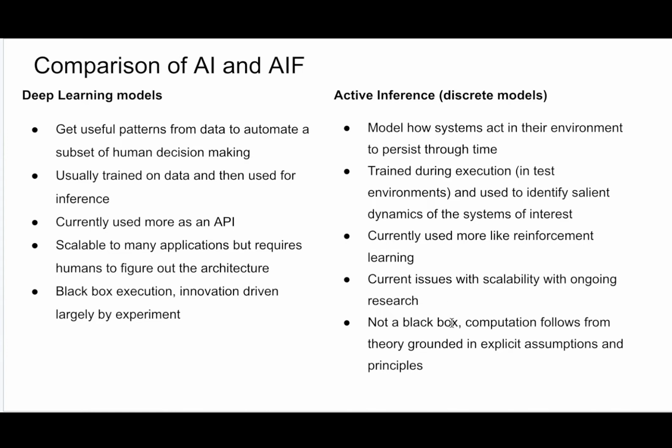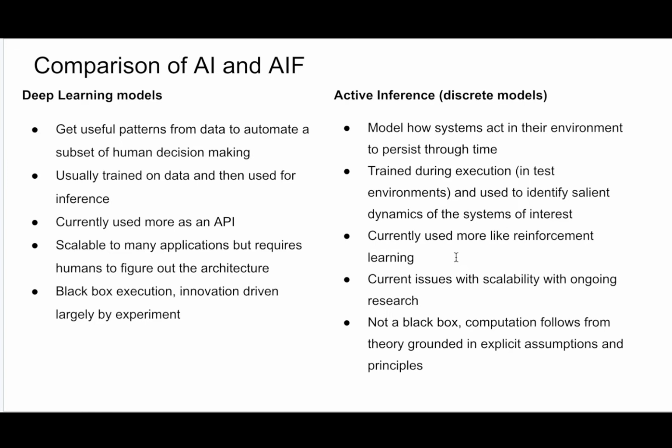On the other hand, active inference is currently used more like reinforcement learning, and in many recent works it has actually been called a generalization of reinforcement learning. Unlike in reinforcement learning, where there's an explicit value function, or even an implicit one, but a value function nonetheless, and the agent is always optimizing for reward, in active inference there is no value function.